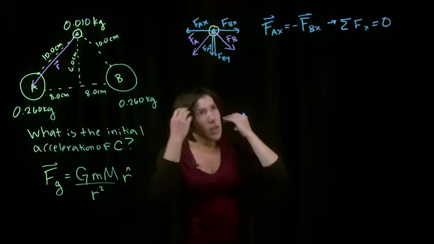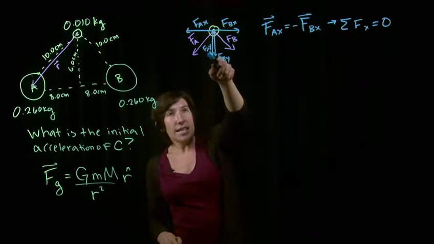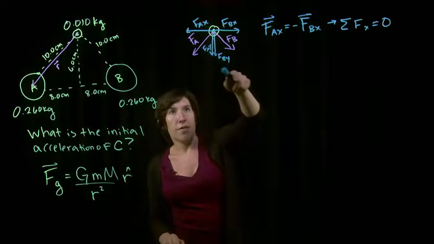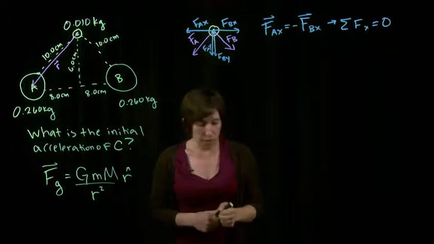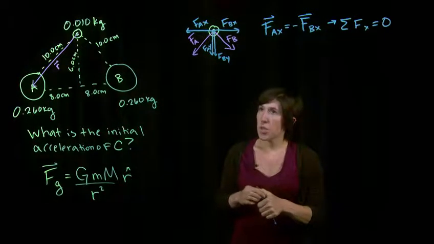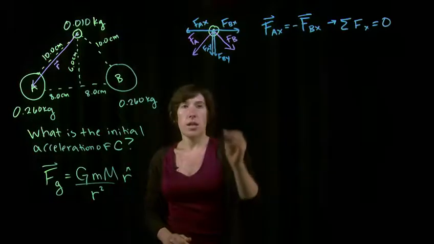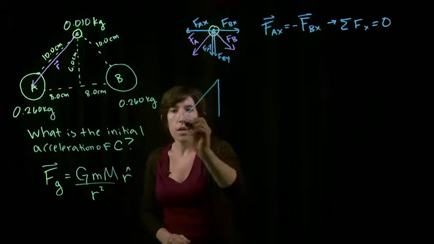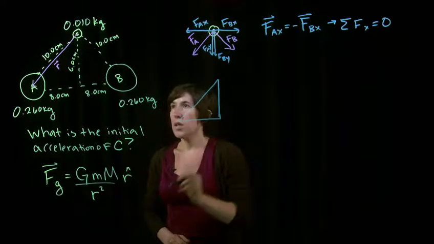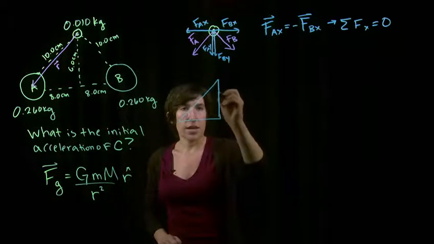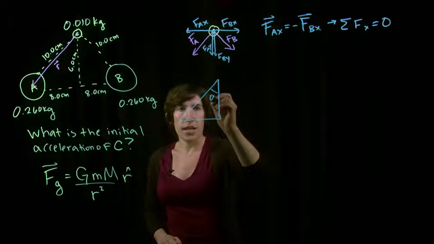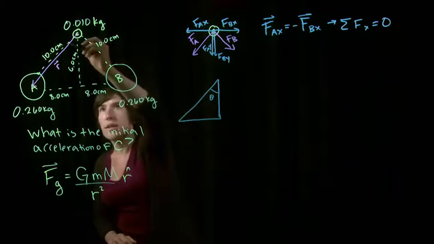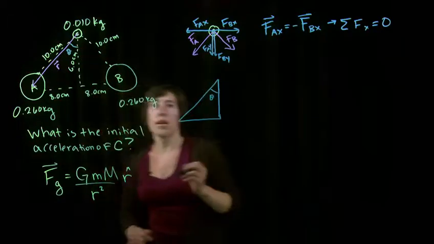All right, so now what we need is to find the magnitude of these forces in the y direction. So what we can do is draw a little triangle here. Sorry, I'm not drawing things to scale at all. We could draw some angle theta, which is this theta here.